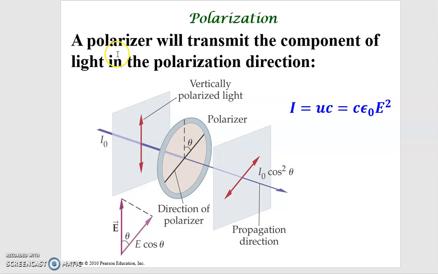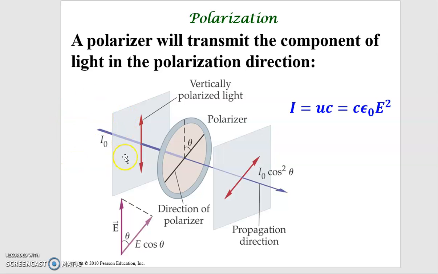If you have this EM wave, originally it is vertically polarized, so it is not in random directions. And you put a polarizer whose transmission axis has an angle theta compared with the vertical direction.